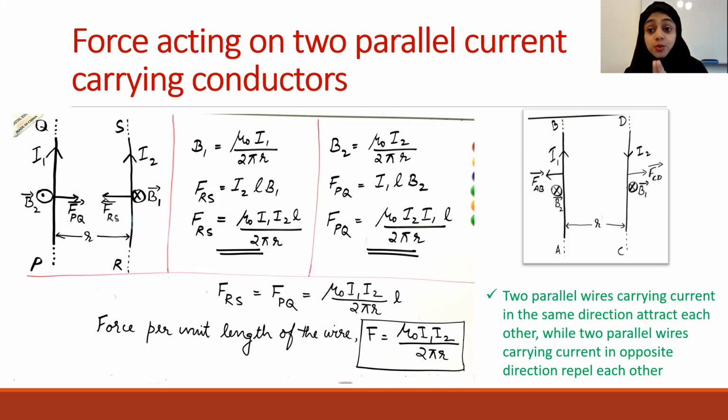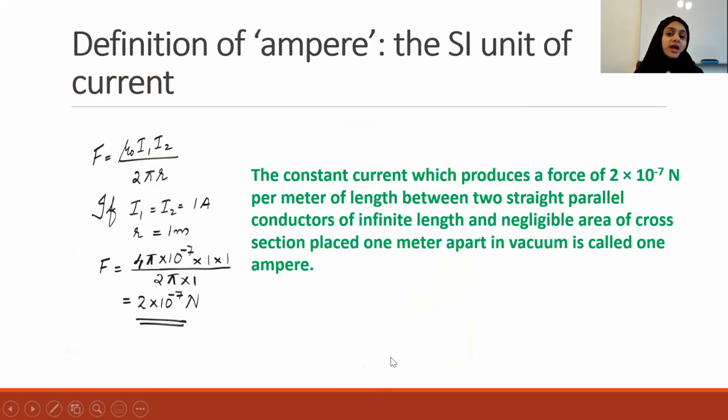We also use our thumb rule and Fleming's left hand rule in order to find that if the currents are passing in the same direction, the wires will attract, and if the currents are flowing in the opposite direction, they will repel each other. And we use this formula to define 1 ampere.